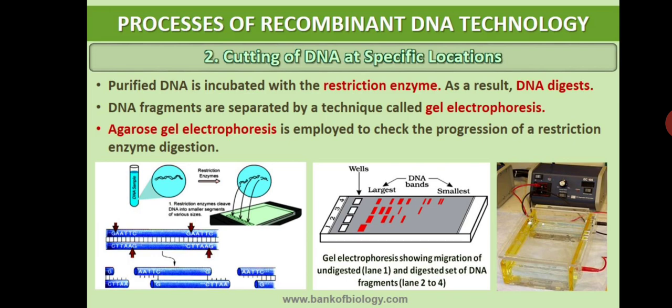It is called agarose gel electrophoresis because we are using the gel, that is the agarose, a chemical substance called a polysaccharide, extracted from the seaweed called red algae. And here the DNA fragments are separated and move towards the anode.